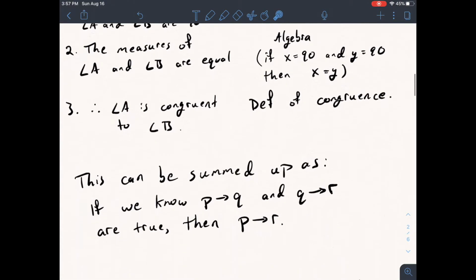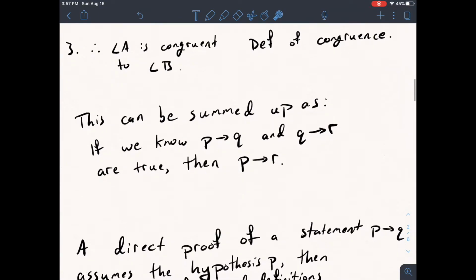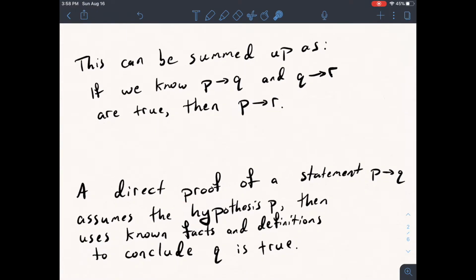Okay. So we could sum this up with just a couple of if-then statements. Anyway, a direct proof of a statement P implies Q assumes the hypothesis P, and then uses known facts and definitions to conclude that Q is true. And that's exactly what happened in our previous proof.